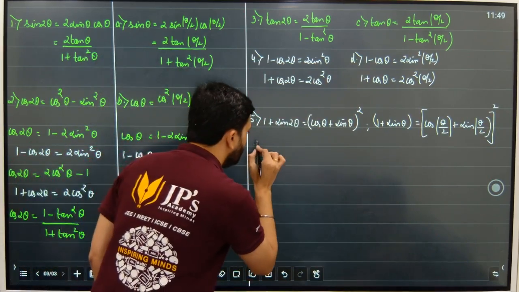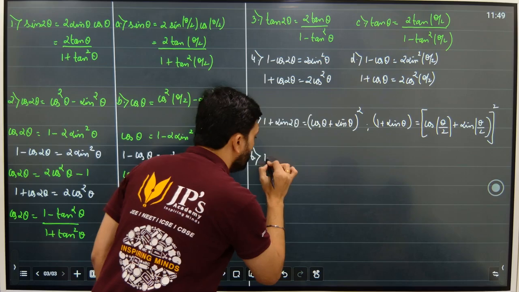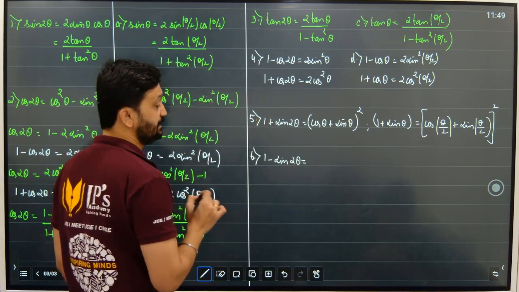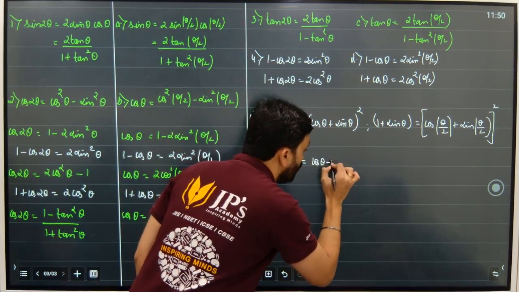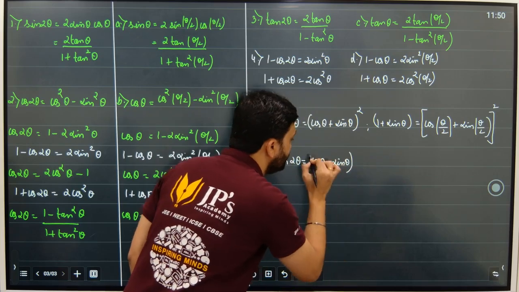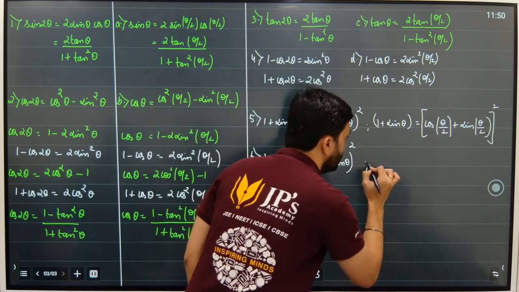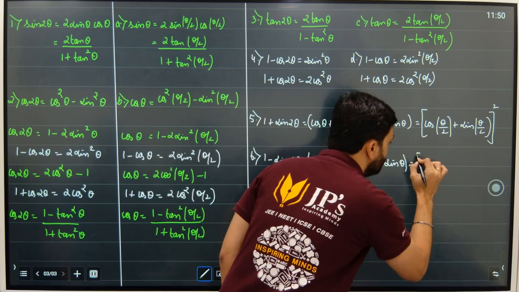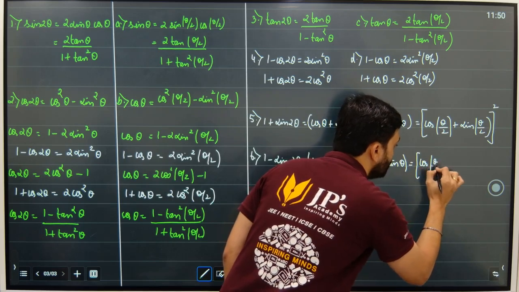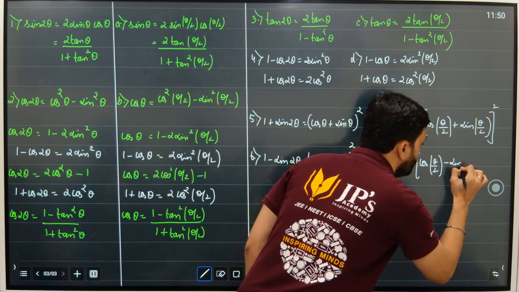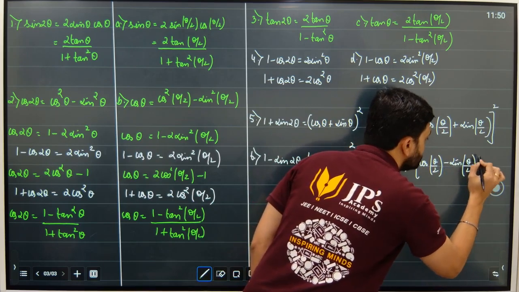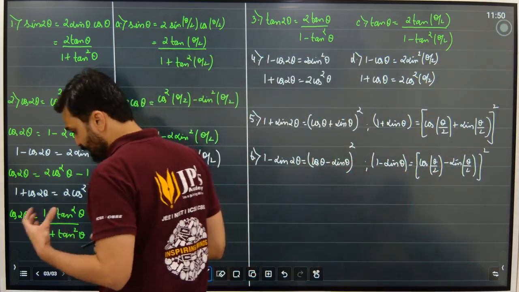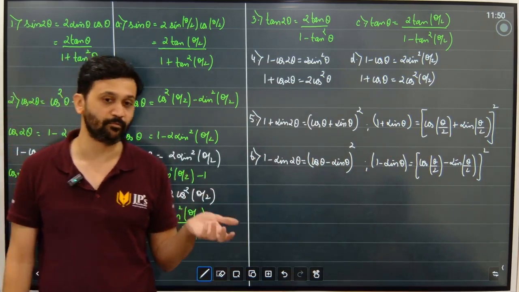And the same way, the next sixth formula is 1 minus sin 2 theta is nothing but cos theta minus sin theta the whole square. In other words, 1 minus sin theta is equal to cos theta by 2 minus sin theta by 2 the whole square. So these are the formulas which are very, very, very important.